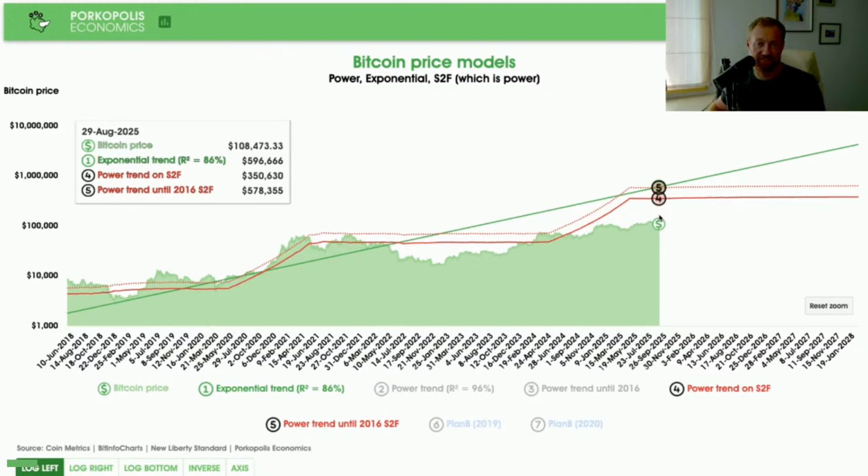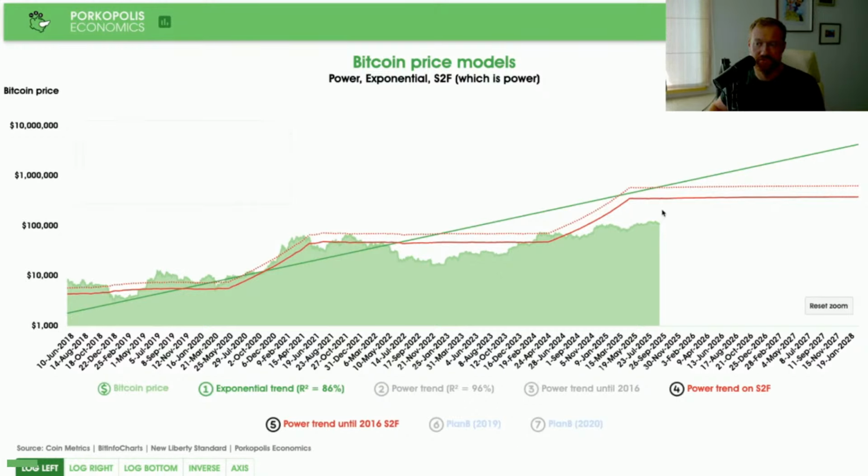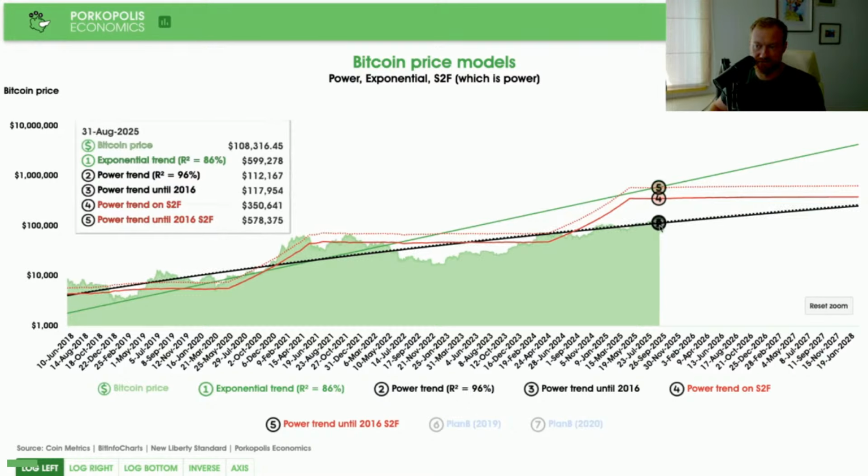You're 65% off. Whereas if you looked at the all-time power versus the 2016 power, you get 117 divided by 112 roughly. You're 4% off.